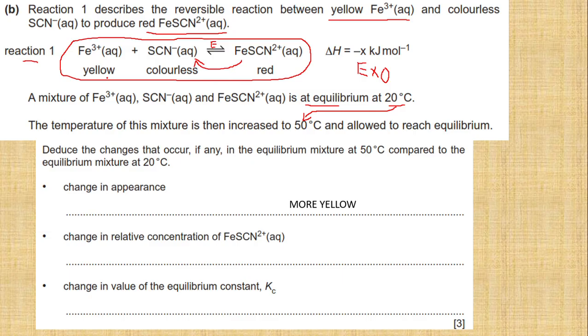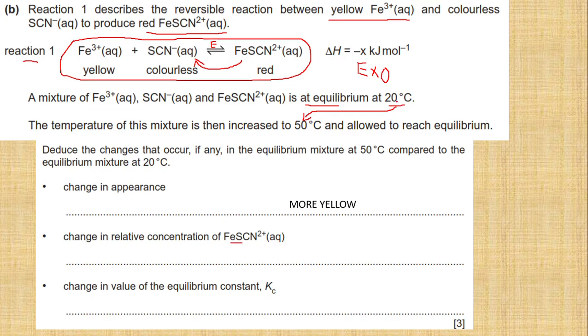As more yellow, I have written, a student may write a full sentence: equilibrium will shift towards left, making the mixture more yellow. Listen again: equilibrium will move towards left side, making the mixture more yellow. Okay, next point. Change in relative concentration of FeSCN 2+. Now, this comes on the right side.